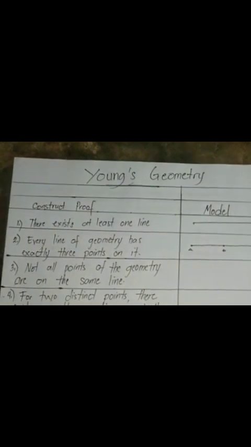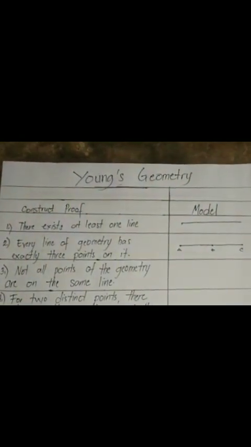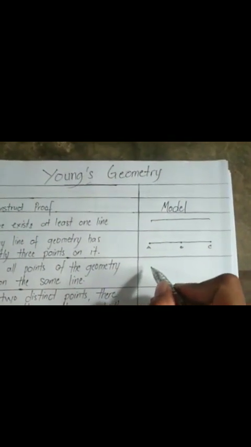So let's proceed to the third postulate, or the third axiom: not all points of the geometry are on the same line. So we have to draw again the 3 points. This time, not all points of the geometry are on the same line.